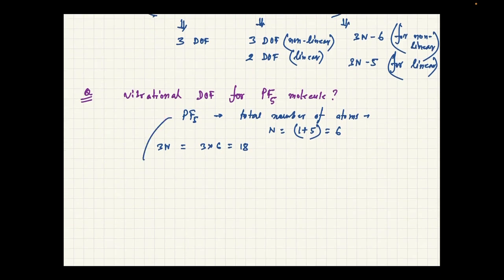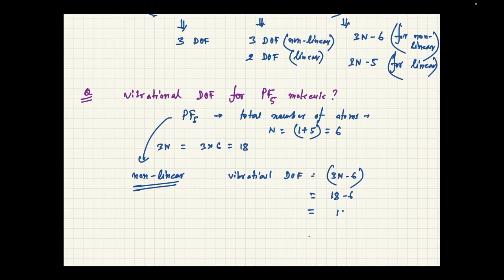And PF5 is a non-linear molecule, so vibrational degrees of freedom will be 3n minus 6, so 18 minus 6 will be 12. So this will be the answer. Pretty easy, right?